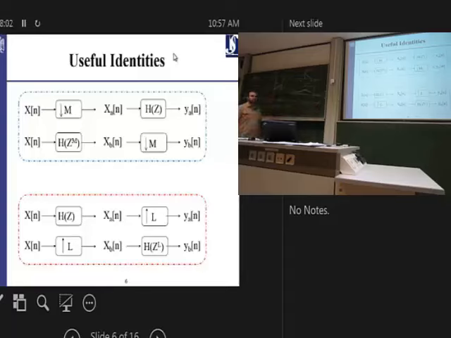In this case, we have h0, so this here is just a DC value. There is no frequency, it's just a constant value. Then we have h1 z minus m. Then we have h2 z minus 2m, and so on.